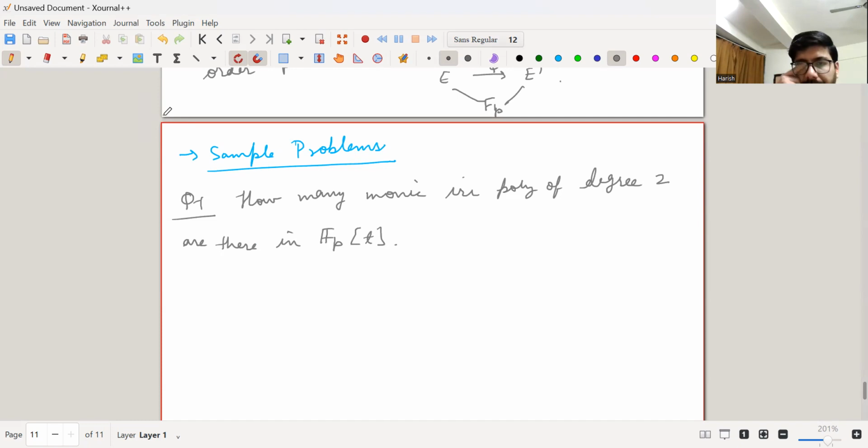So one has to see how many degree 2 polynomials that are monic and reducible are there.